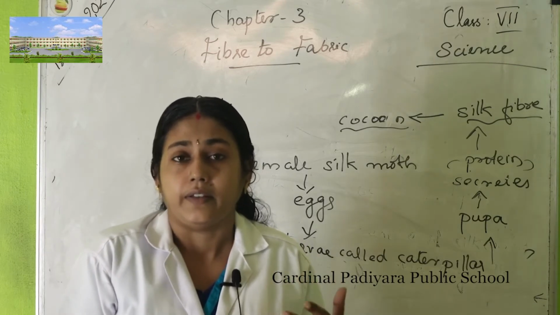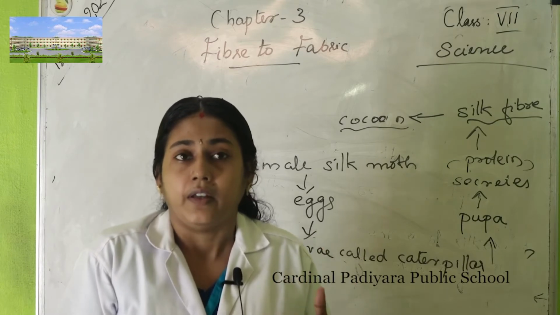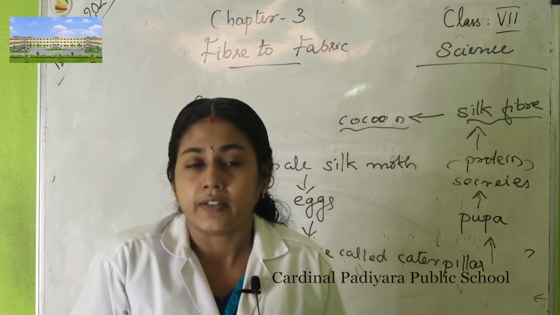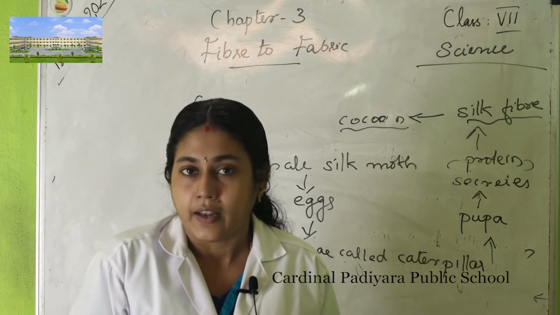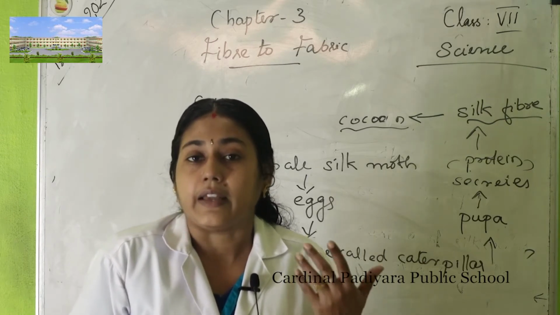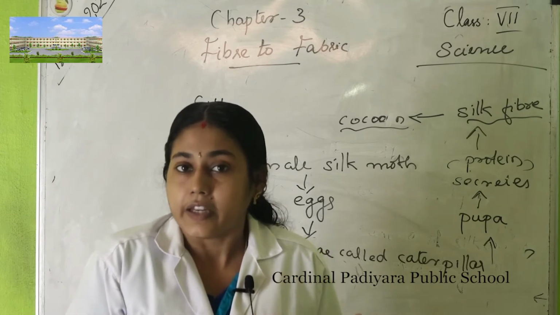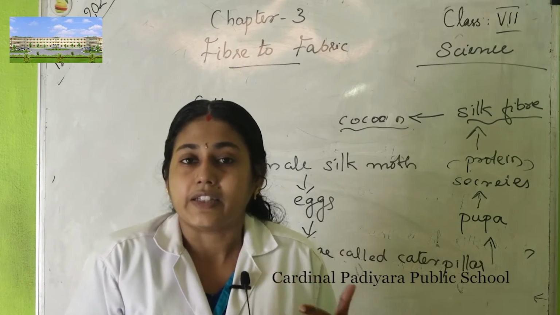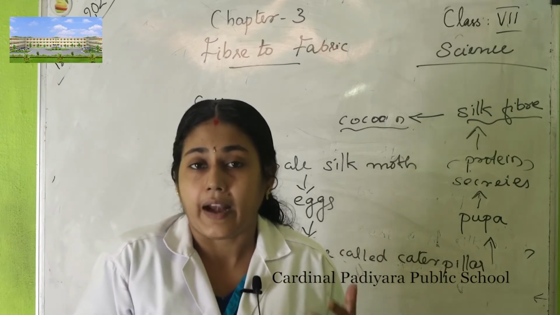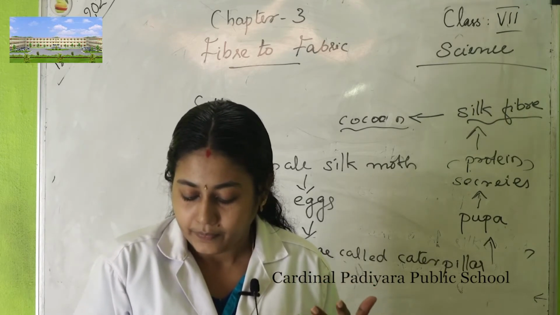For weaving the net, it moves its head in the form of a figure 8. A secretion made of protein is produced from its mouth, and when exposed to air, it hardens and forms silk fiber.